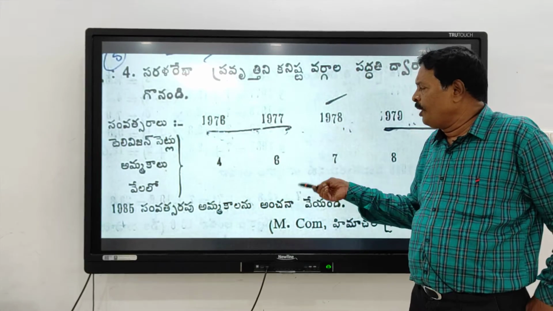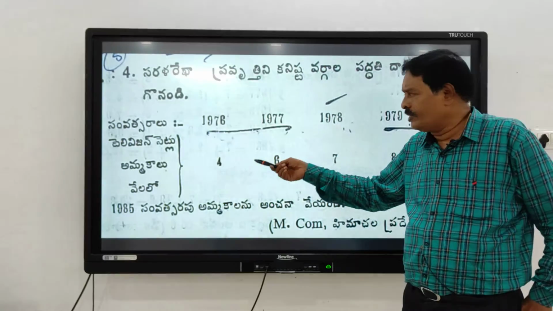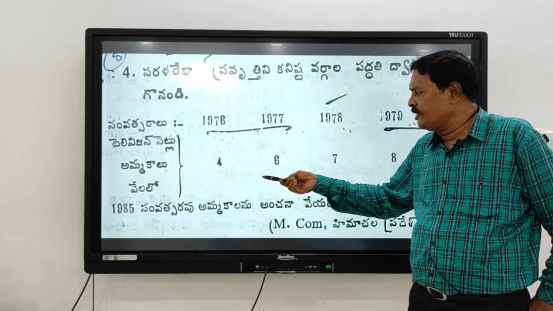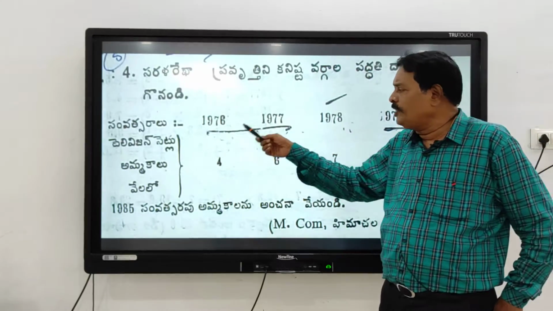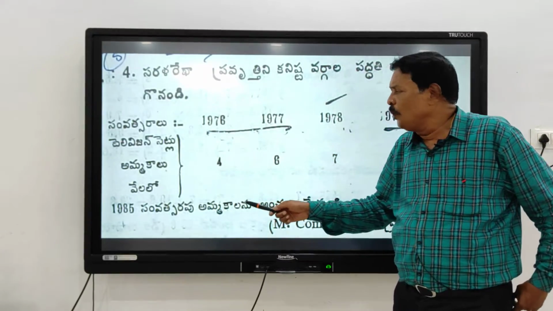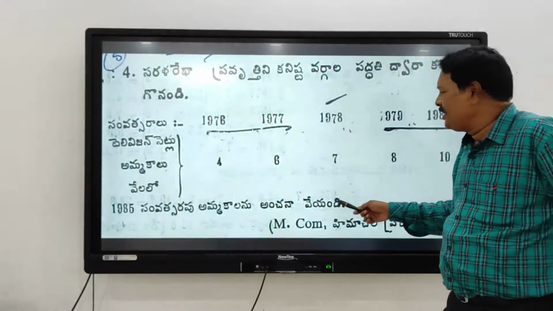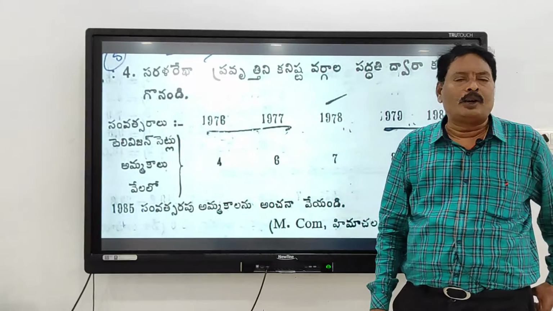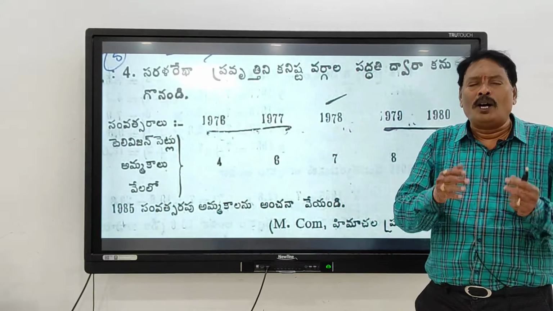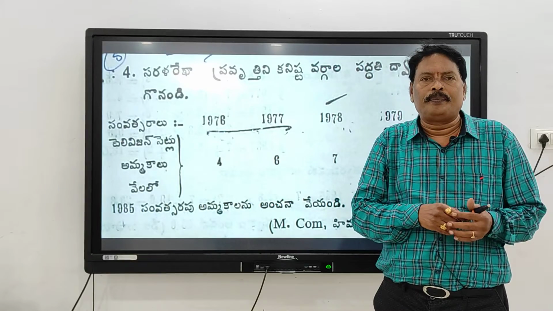With the above given years and sales of television sets in thousands, we have to calculate the sales during 1985. The question is, what will be the sales during 1985?